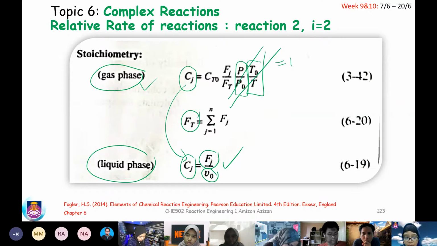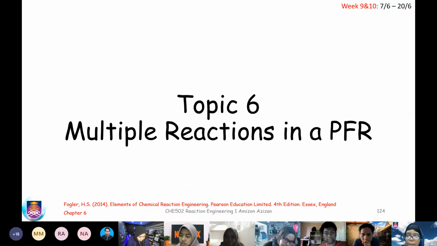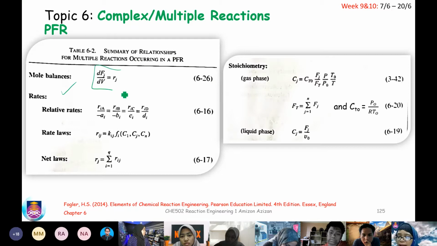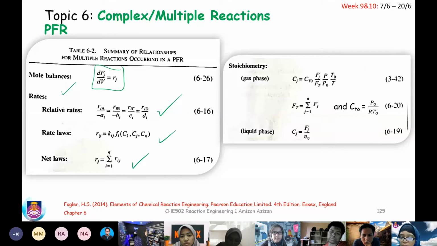Yeah. Now, I'm going to go to the multiple reactions in PFR. This slide is only summarizing the equations. Of course, we start with the mole balance. This is the common equation that we use for PFR. Then the relative rates, rate law, the net rate of formation, then the stoichiometry.